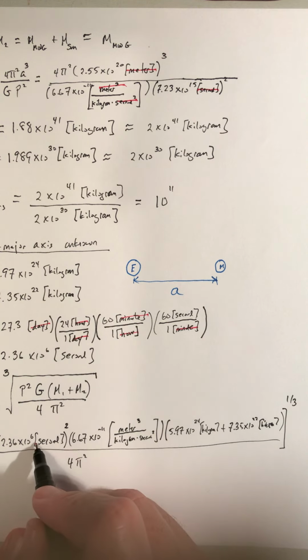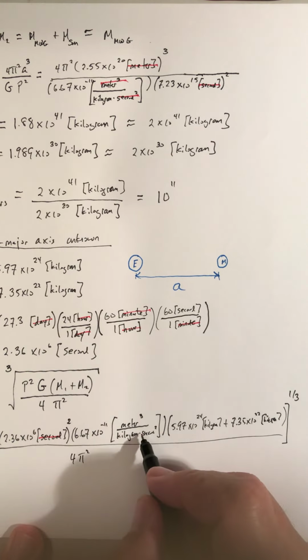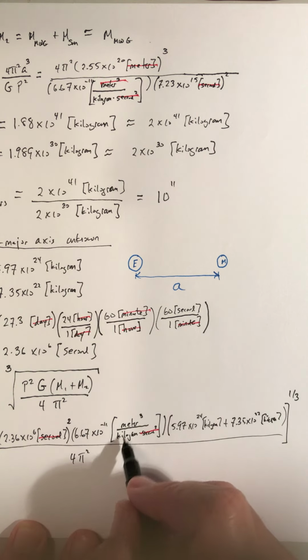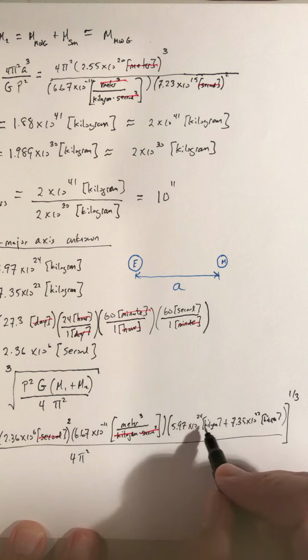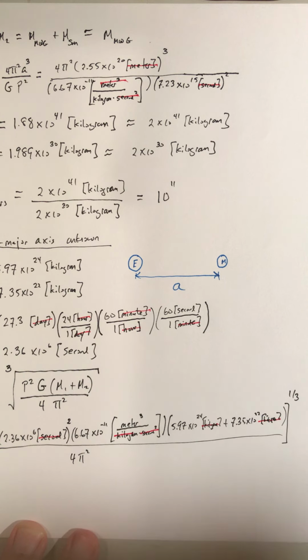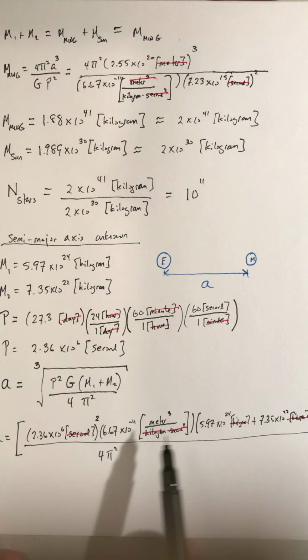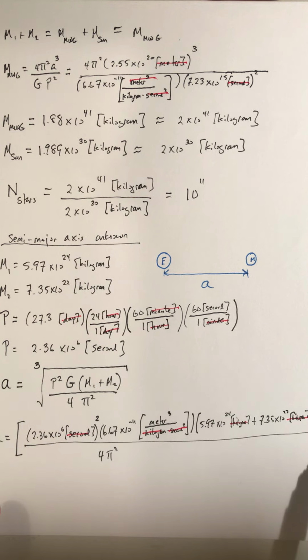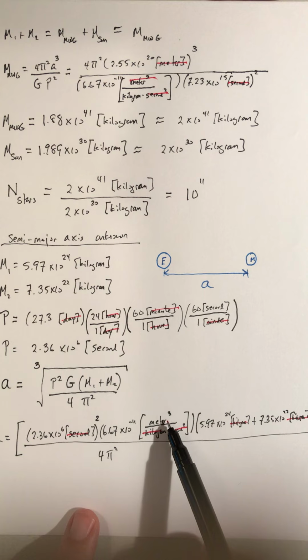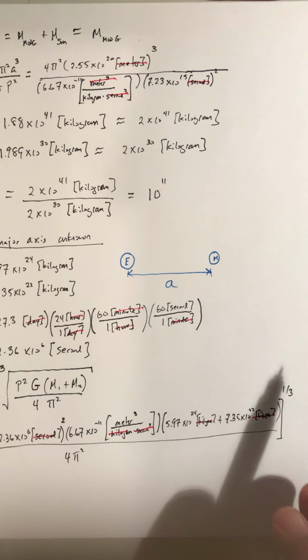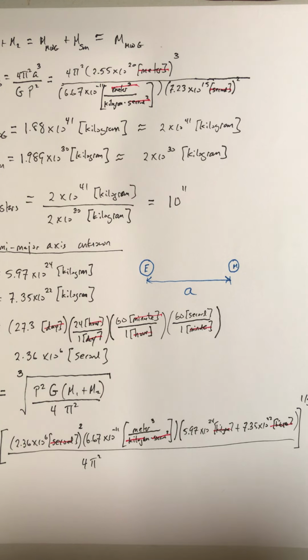All right, so second squared cancels out the second squared from G, and then 1 over the kilogram cancels kilogram. So I will have inside the square brackets something that's in meters cubed, which then I take the cube root of that, is going to give me a semi-major axis in meters.